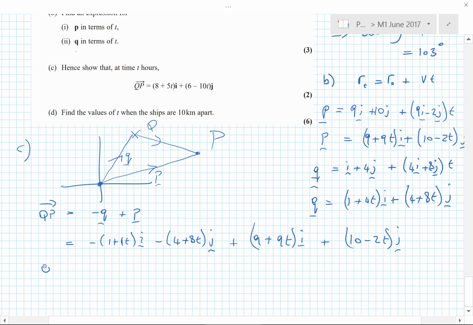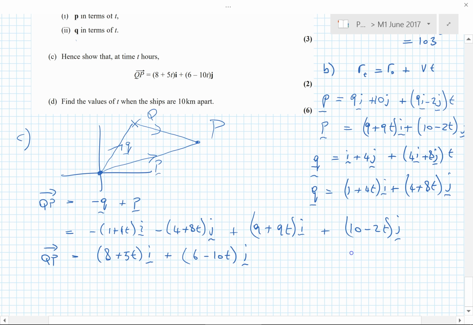And that's going to give us what we need, QP. I think that's enough, really. Minus 1 plus 9, that's 8. And minus 4t plus 9t, so that's plus 5t i. And then for this one, we've got minus 4 plus 10, that's 6. And then minus 8t minus 2t, that's minus 10t j.